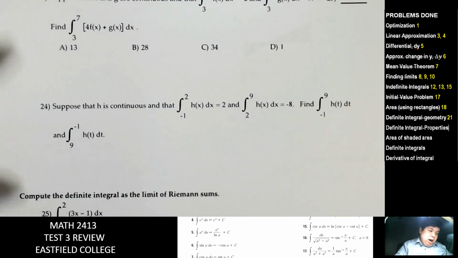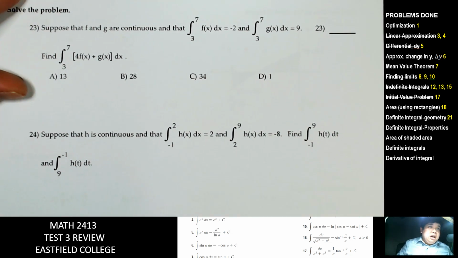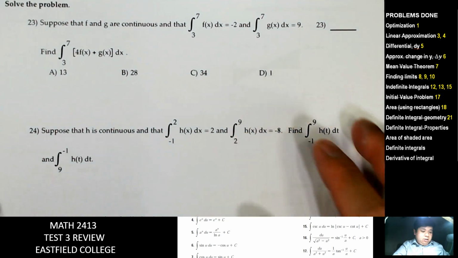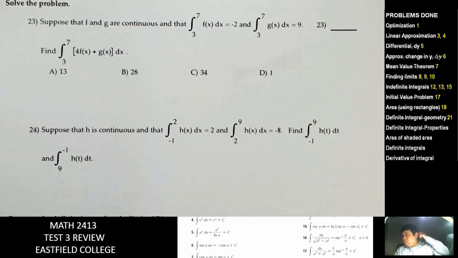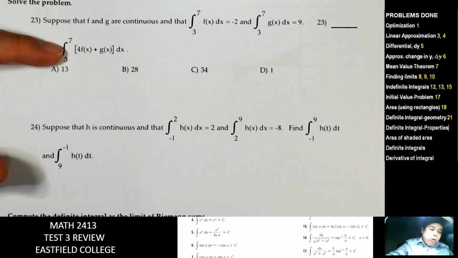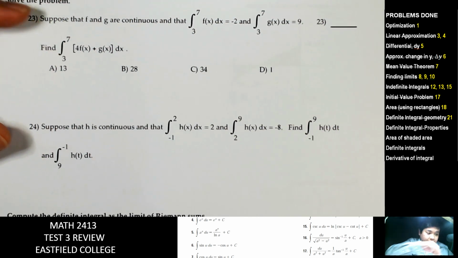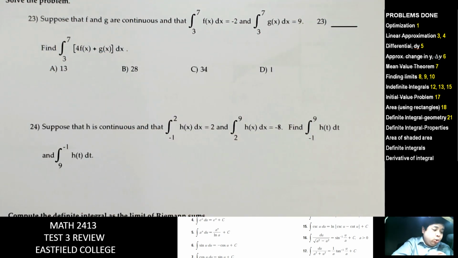Right. Next we have the properties of the definite integrals. So first we have the plus in the middle. We can split that in two integrals.